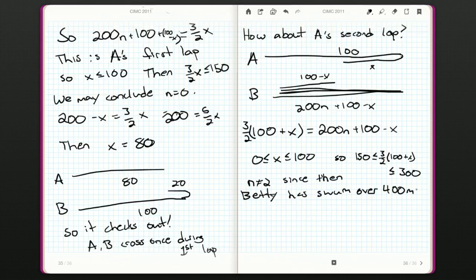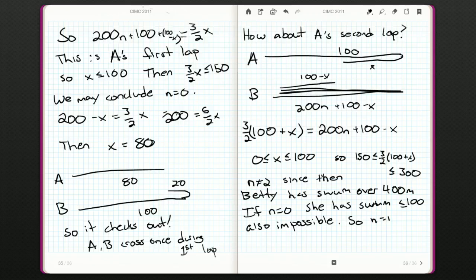Okay, so that's impossible because we know she has swum less than 300 meters. If n equals 0, well then she swum 100 minus x. So our only chance is n equals 1.